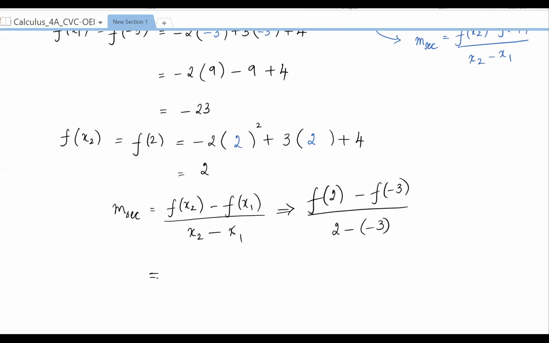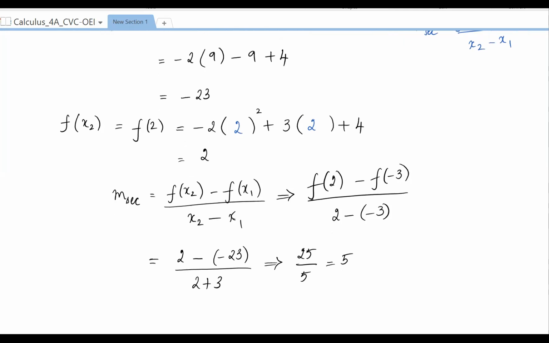All right, so I have 2 minus negative 23 over 2 plus 3, right? And that implies I have 25 over 5, which is 5.